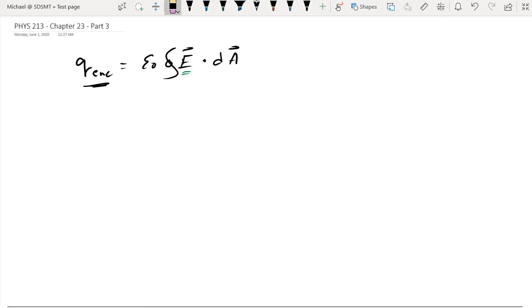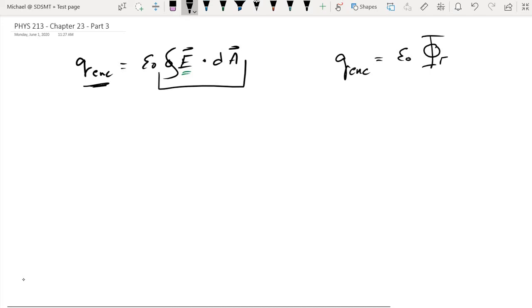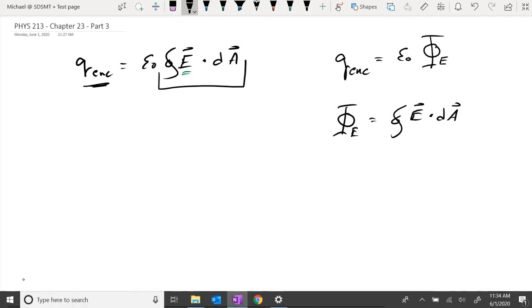For that, we're actually going to take a step back in the definition of Gauss's law. If you remember back in the first video, Gauss's law was defined as relating the enclosed charge to the electric flux in the system. It is the electric flux that we have been using to help us derive the electric field magnitude. But now we want to go the other way.